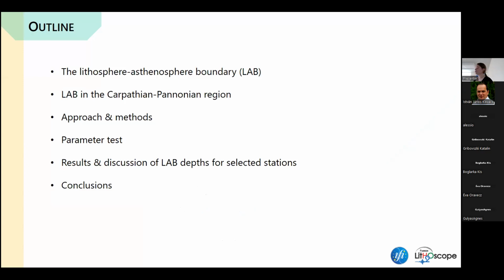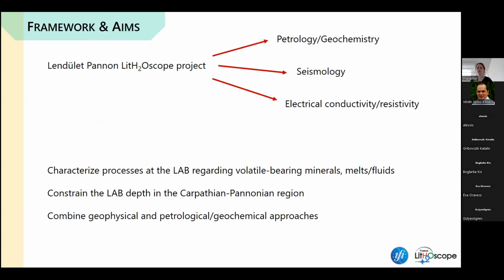So the framework of this whole project is the Lendület Pannon Lithoscope project, as Marti already said, led by István, which has three main areas of research: petrology and geochemistry, seismology, and electrical conductivity and resistivity in the mantle.